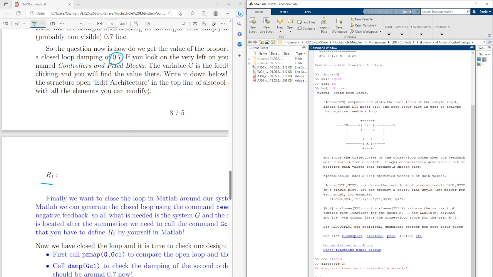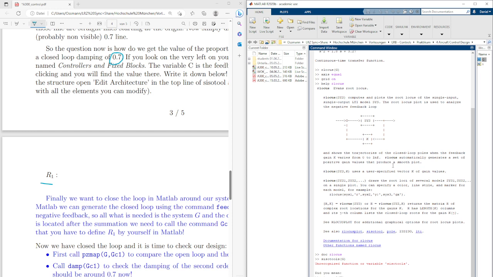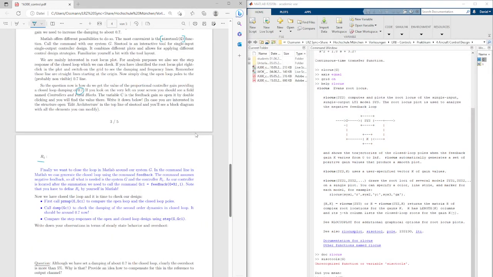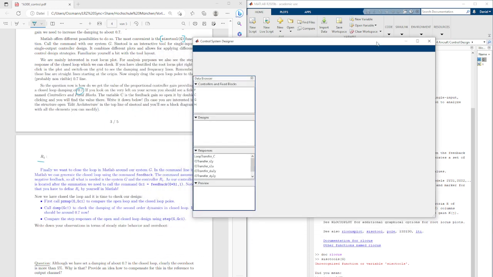So Matlab is smarter than me, it's proposing the right function here. Okay, it takes a second. In the meanwhile, while Matlab opens, I can rescale here. Okay, it starts opening.